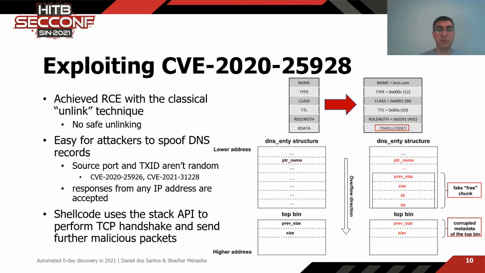But the actual exploitation using unlinking is shown quickly on the lower side of the right-hand figure there, where you corrupt the metadata of the top bin, and then basically there is a fake free chunk that is created also in this DNS entry structure, so that when there is a next allocation, that will go to this fake free chunk, and then that can be used to hijack the control flow and basically execute the desired shellcode.